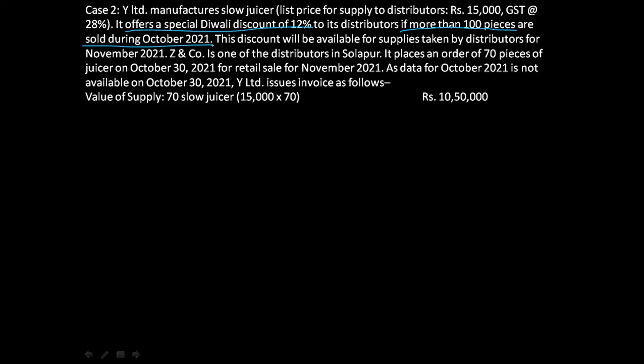Now, this discount will be available for supplies taken by distributors for November 2021. When will it be available? If they buy in November. Let's go, Z and Company is one of the distributors in Solapur. It places an order of 70 pieces of juicer on 30th October 2021 for retail sale for November 2021.